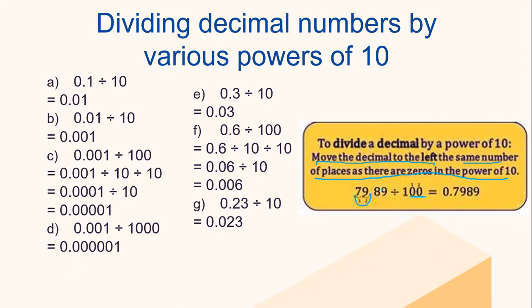As you can see here, there are two zeros in 100, so you have to shift it two places. So we have shifted it two places left-hand side, right? If in front of that there is no number, you can add zero here as well. So the value of this is 0.7989.